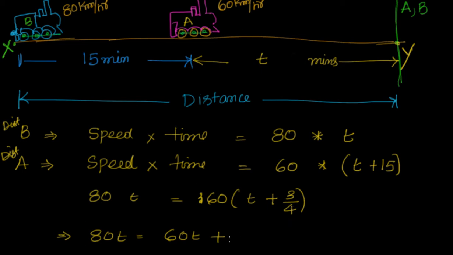If I take 60t to the other side, you will have 20t equal to 60 into 3 by 4, which is equal to 45.